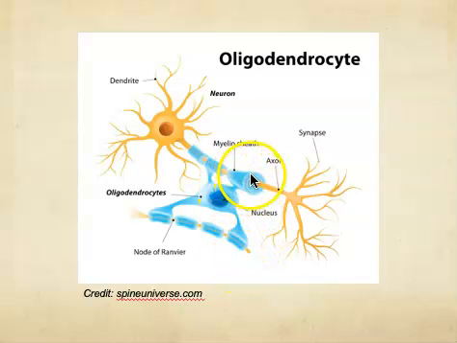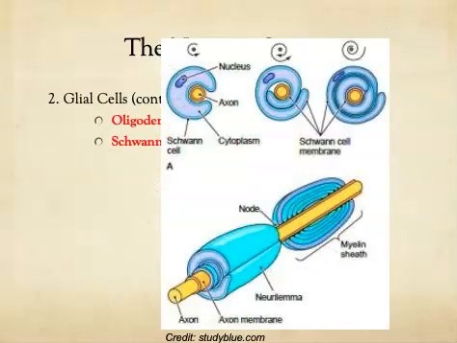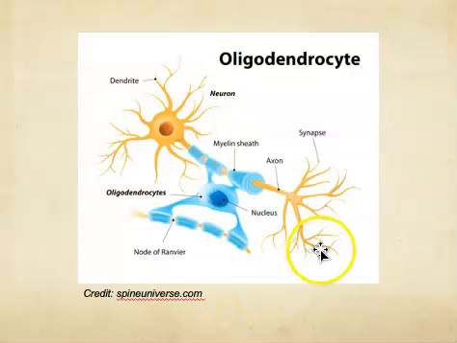And those membrane extensions are where the myelin is being secreted and layering over the axon. So it's doing it a little bit differently than the Schwann cell does, but the idea is the same. This is a cell that is producing myelin and secreting myelin in layers around the axon of neurons.